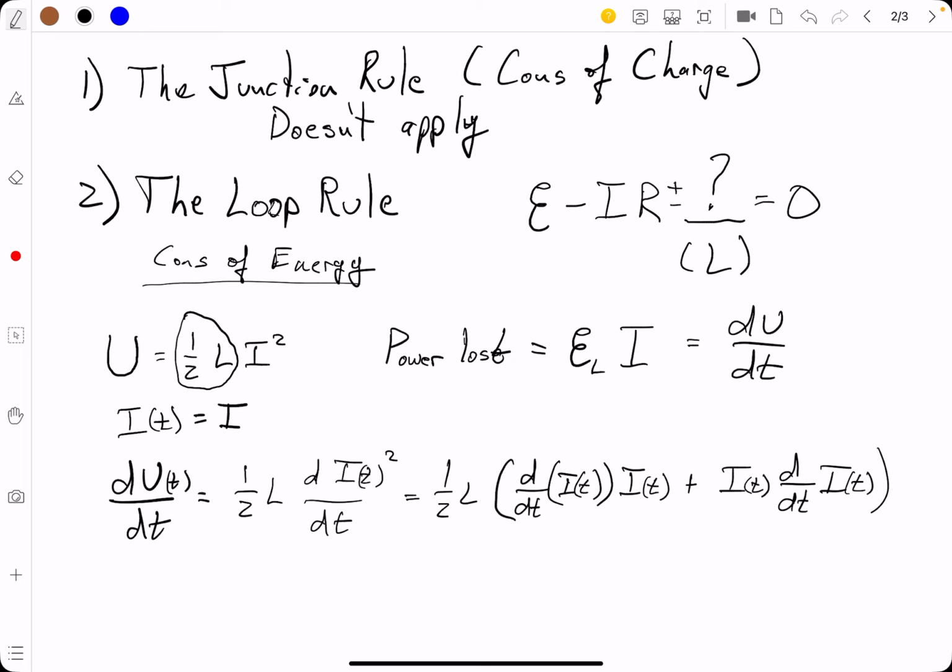Okay, so good. So what do we have? We've got two of the same thing, right?